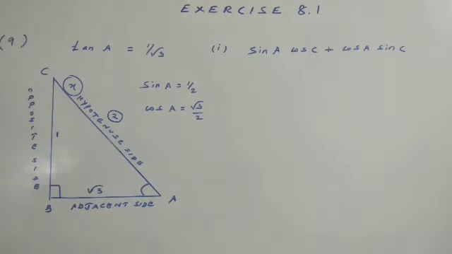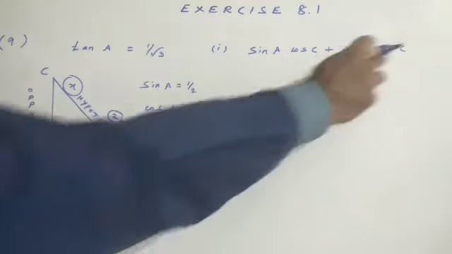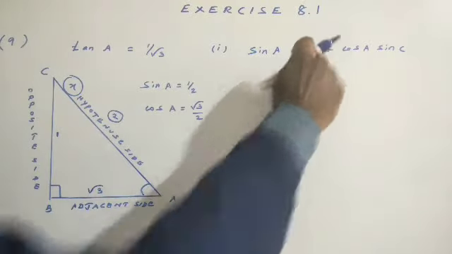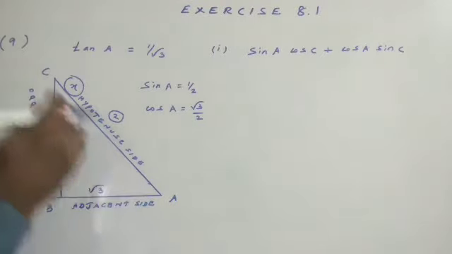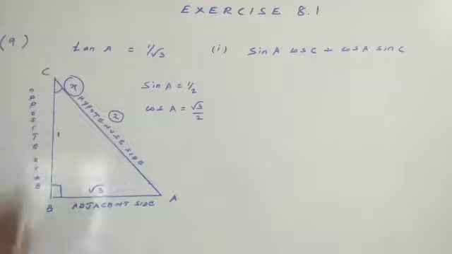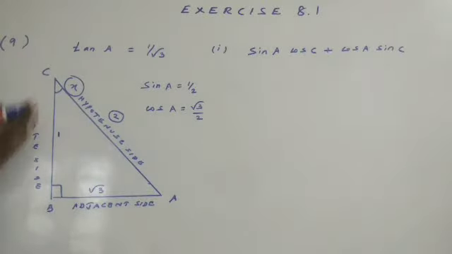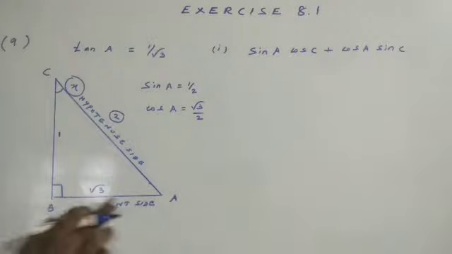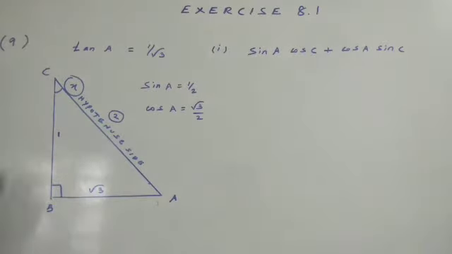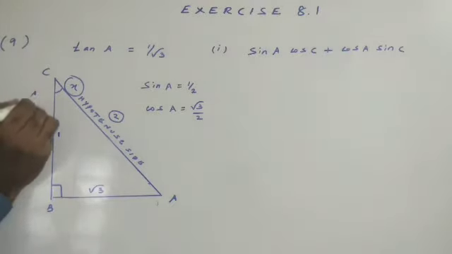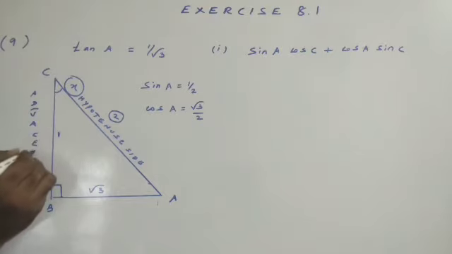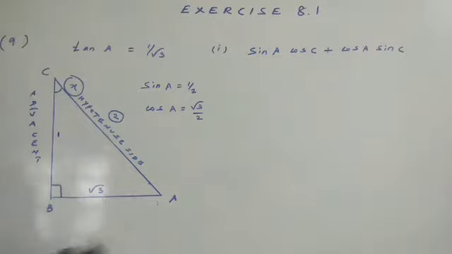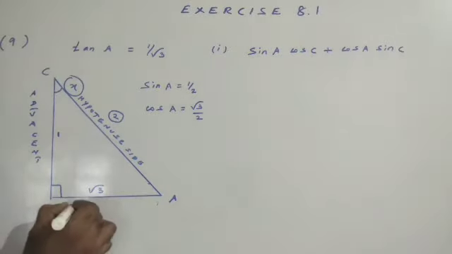Now we are going to find cos C and sin C. The angle is C here. So instead of A, just change the angle. By changing the angle, the sides will change. So now the side CB is the adjacent side. Side AB is the opposite side.